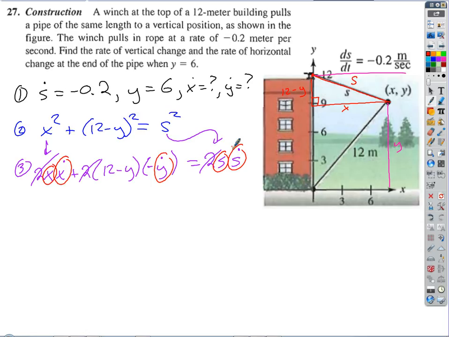We have s dot. Oh, we have s dot, never mind. But we have a lot of stuff there, don't we? Everybody agree? So I've got to be able to find some other relationship here too. In calculus or math, we call this a secondary equation. I've got to eliminate some other variables, right? I've got too many variables there.